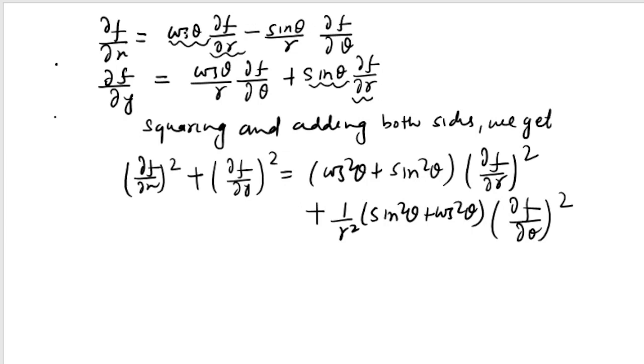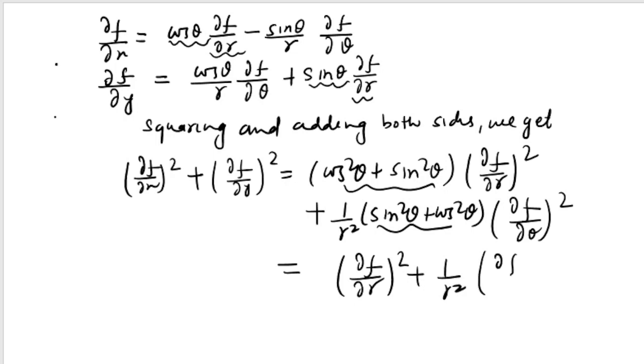So 2AB will be 2 cos theta sin theta by r del f by del r del f by del theta, and here also you will get 2 by r sin theta cos theta del f by del theta del f by del r. So they will cancel, so no need to write. This will become 1, this will become 1, so it will become del f by del r whole square plus 1 by r square del f by del theta whole square.